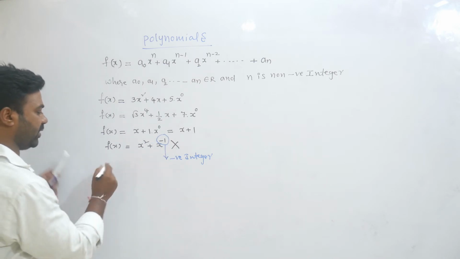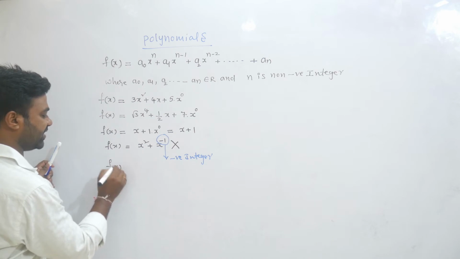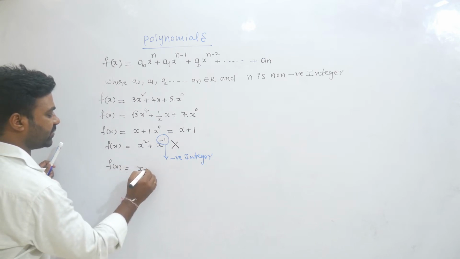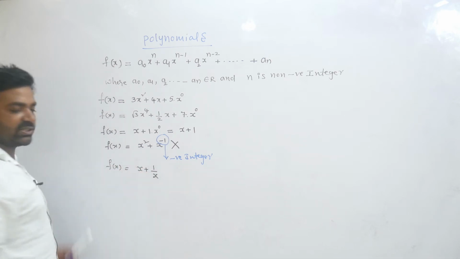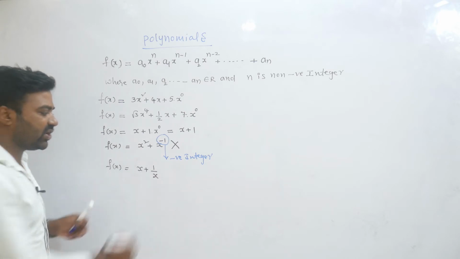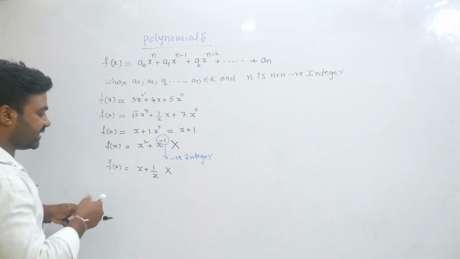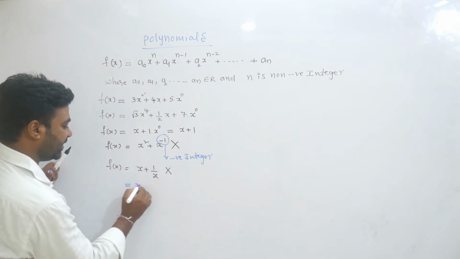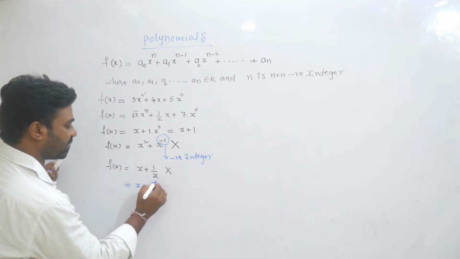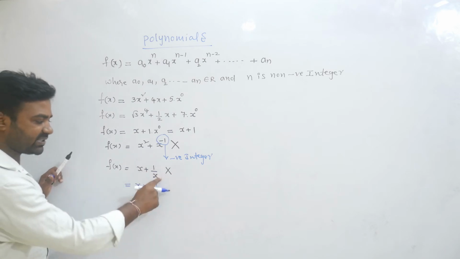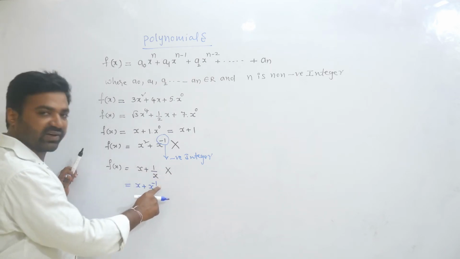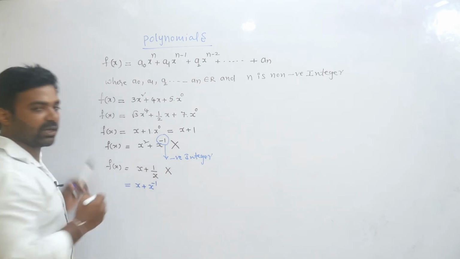Next, one more example. f of x is equal to x plus 1 by x. It is also not a polynomial, because 1 by x can be written as x power minus 1. So x plus 1 by x is x plus x power minus 1. That's why it is also not a polynomial.